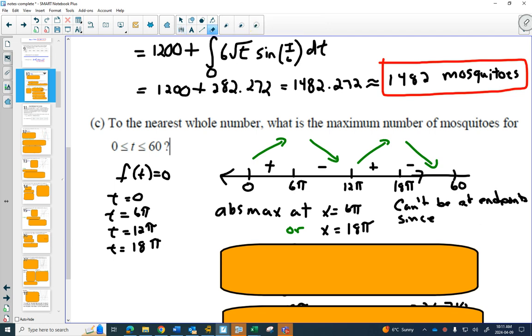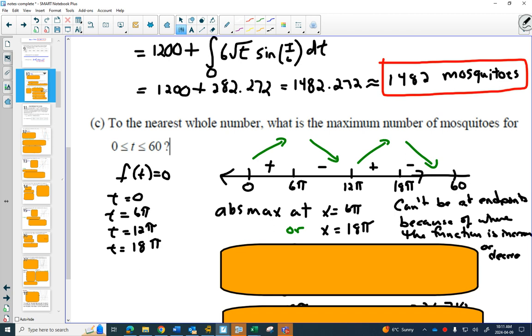It can't be at the endpoints because of where the function is increasing and decreasing. Because of my diagram, the absolute max has to be at x equals 6 pi or at 18 pi.